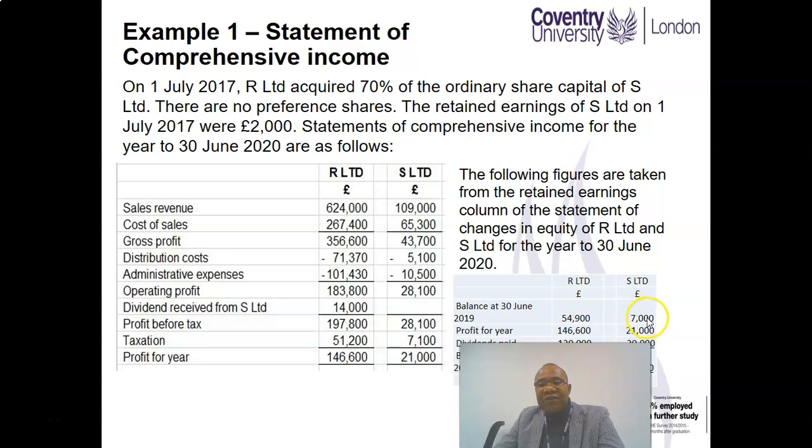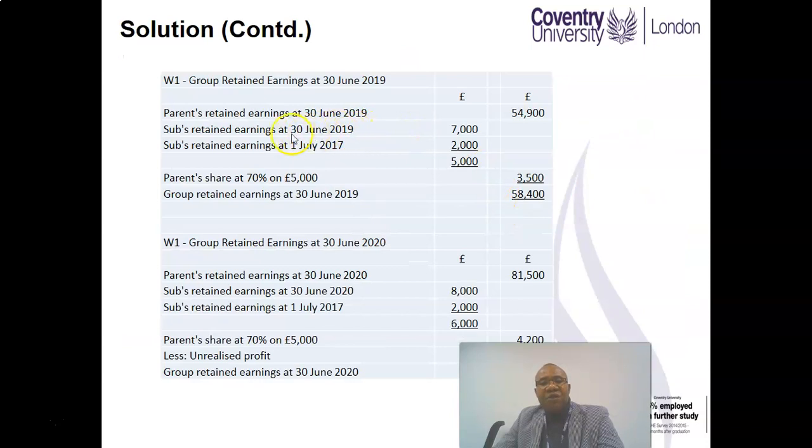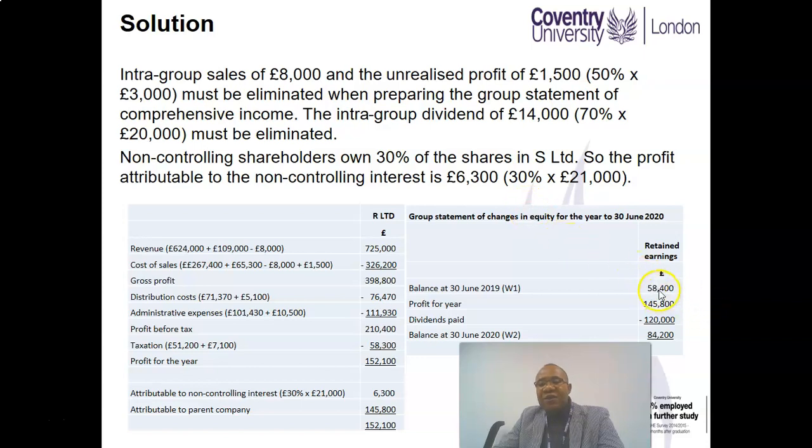And of the 5,000, we've got 70% thereof. So you can see that we've taken the retained earnings of the parent and the retained earnings at the beginning of the year for the subsidiary of 7,000, less the subsidiary's earnings at the date of acquisition, hence 5,000. Our share of that is 70%, which is 3,500. Adding that to the parent, the group's retained earnings brought forward is 58,400, just as it is shown here.